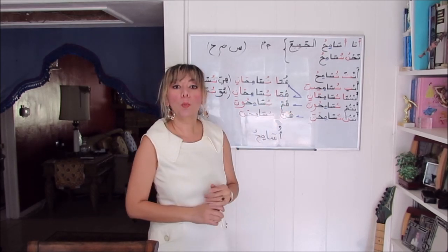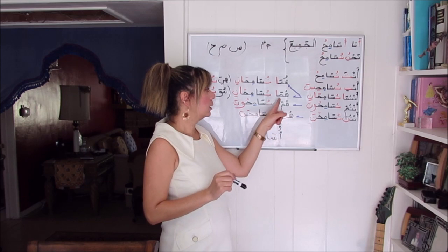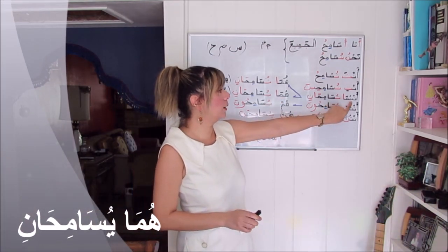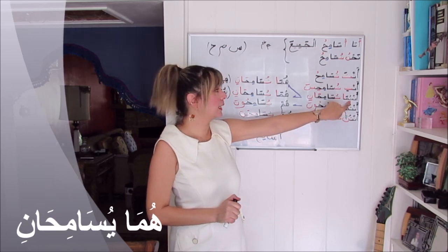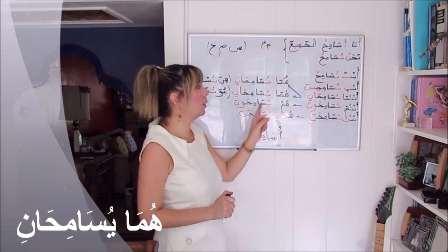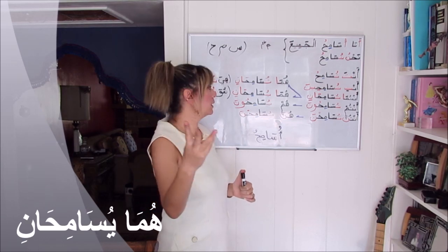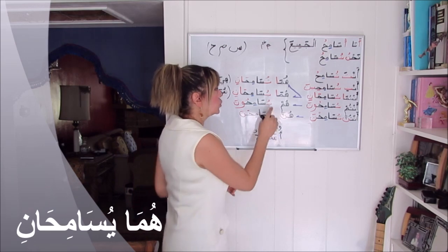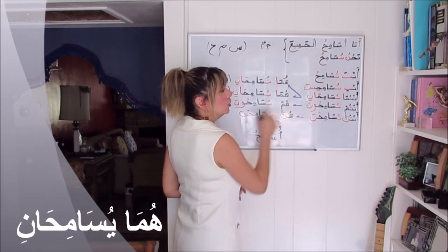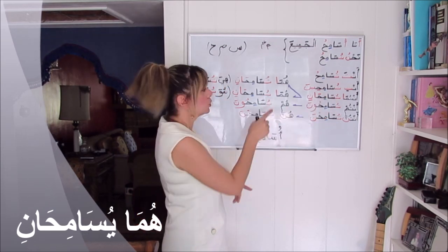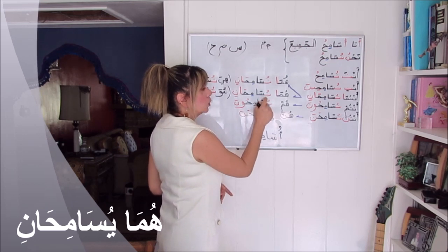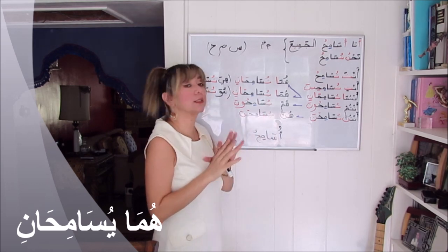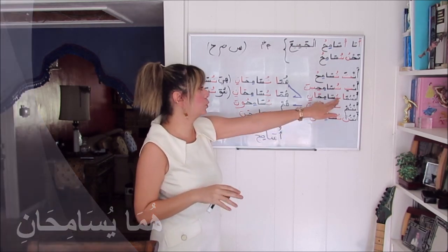Huma, second person. Let's start with the masculine plural. So we said for أنتما, second person, تسامحان. Huma, third person dual, يسامحان. There is a change within the prefix from ta to ya. So for the third person we will have the prefix ya instead of ta.